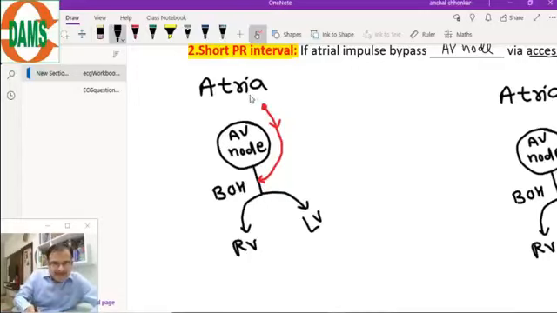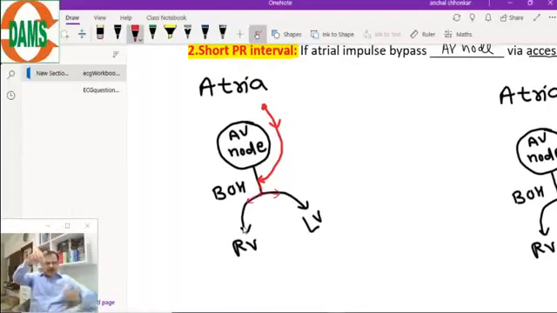So this is the, look at the red one. Above is atria, AV node, bundle of His, right ventricle, left ventricle. Now the red one is the accessory pathway. So you can see the atrial impulse is bypassing the AV node, and it is going to the bundle of His. So in this scenario, what will happen? Both the ventricles will get depolarized simultaneously. Remember, bundle of His is a common pathway, and from that common pathway, the impulse will go to both the ventricles simultaneously.